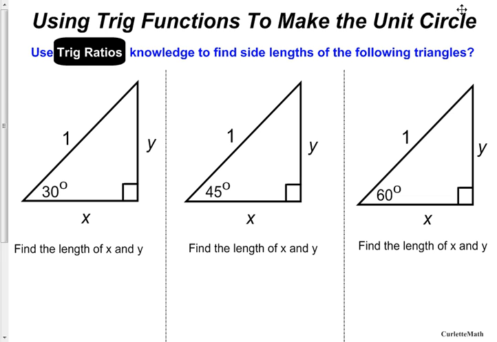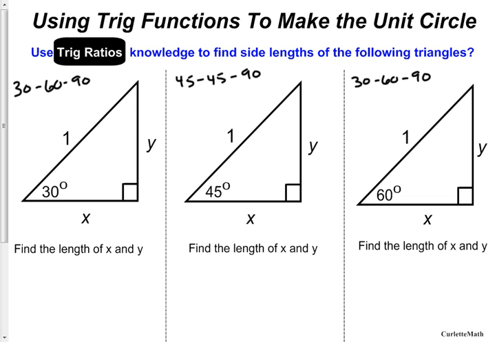Now, we usually call these 30, 60, 90 triangles, 45, 45, 90 triangles, and this one is a 30, 60, 90 triangle. I know that the first one and the last one have the same name, but they have different angle measures at the bottom.